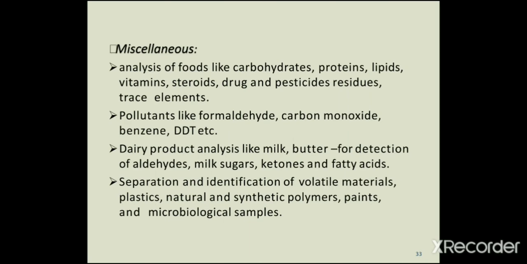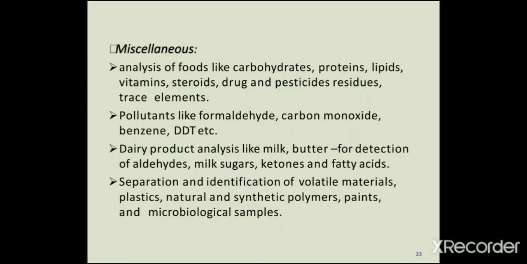It can be used for the analysis of foods like carbohydrates, proteins, lipids, vitamins, steroids, drug and pesticide residues, then trace elements. Pollutants like formaldehyde, carbon monoxide, benzene, and DDT can also be analyzed by using gas chromatography.